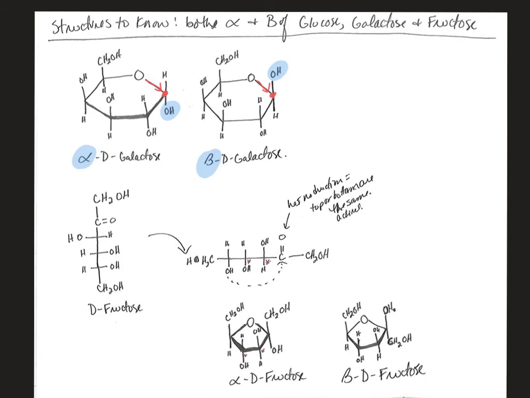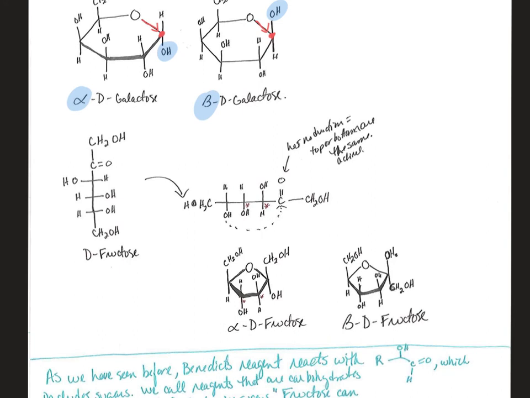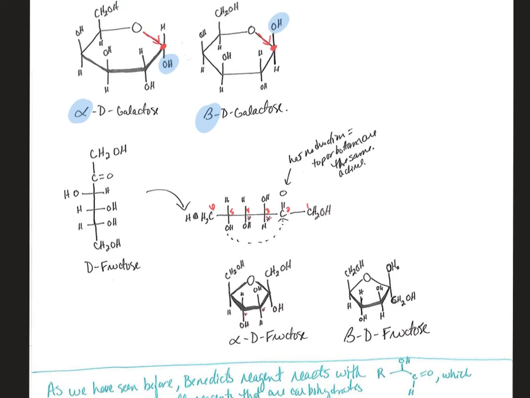I gave you another example here of what it looks like to go from a Fischer projection into a Haworth projection when we're talking about fructose. Because fructose, remember, is a ketose and it does weird things. So in this case, we have 1, 2, 3, 4, 5, 6 carbons, but the OH on this last chiral carbon comes over and attacks here, and that means you actually only have a 5-membered ring.